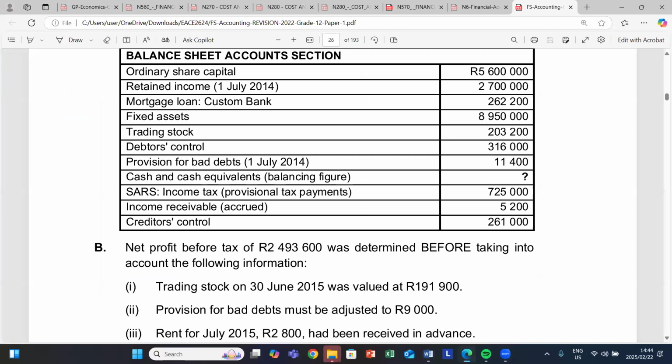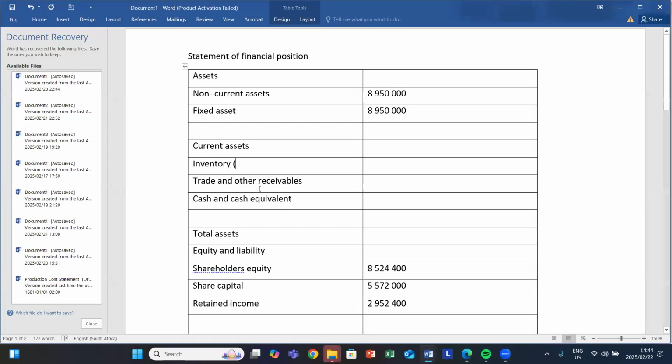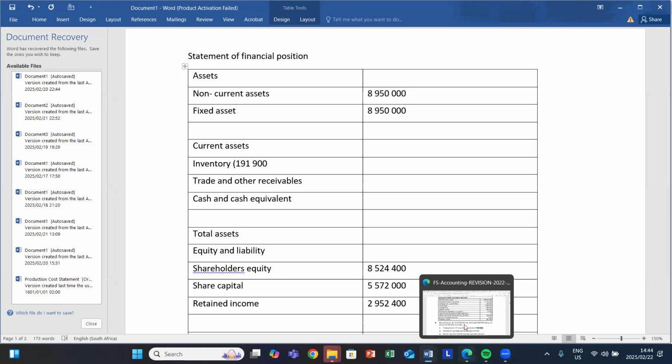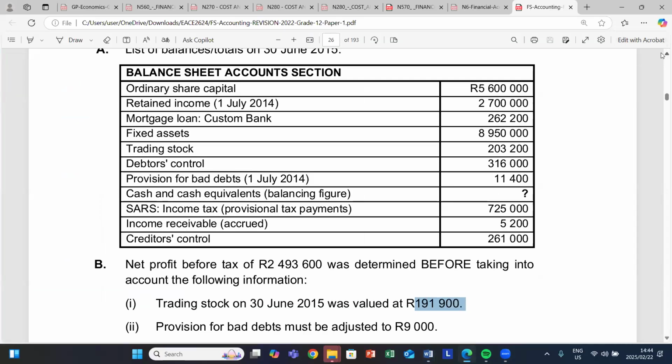Your trading stock on hand amounted to 1,191,900. You can write it here. And then you know that will add with the likes of your stationery on hand, consumable stores on hand, and so forth. Packing material on hand.